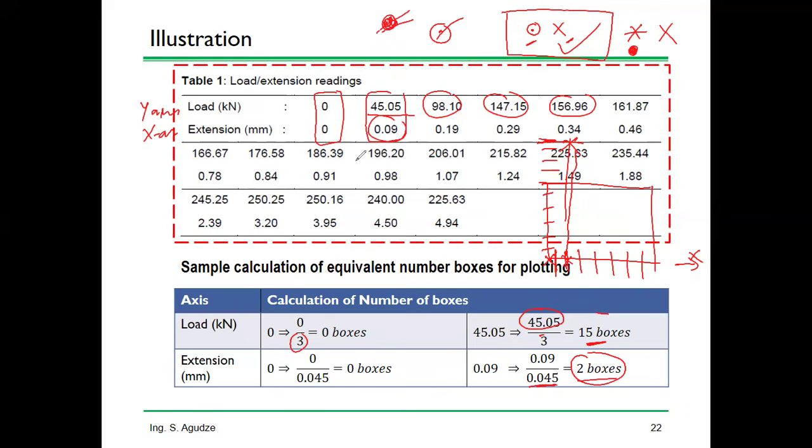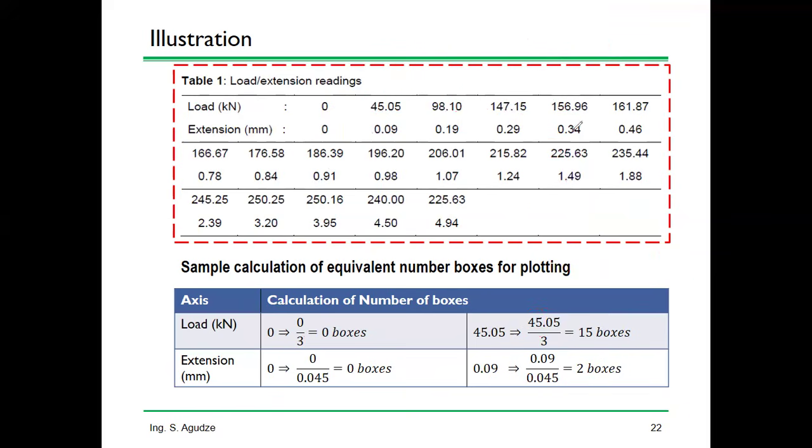Once you have been able to establish the value of one box, you take the actual values you are going to plot, and then you divide by the value of that box. And remember, the answers you are going to get are all in boxes.